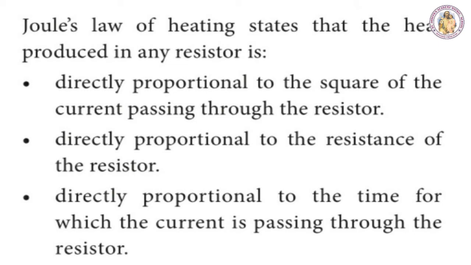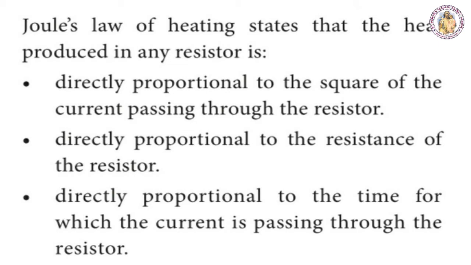Next, heat is directly proportional to the resistance of the resistor. So here I and t are constants. I is current and t is time interval. Third, heat is directly proportional to the time for which the current is passing through the resistor. Here current and resistor are constant.